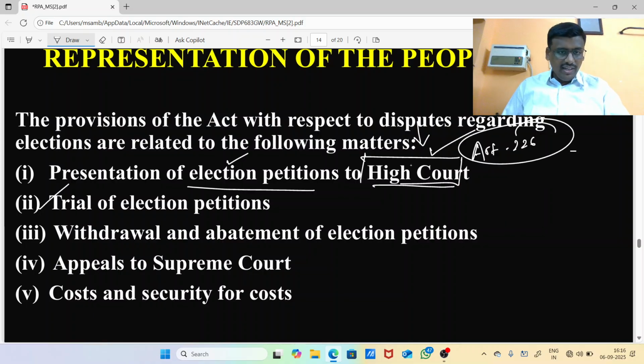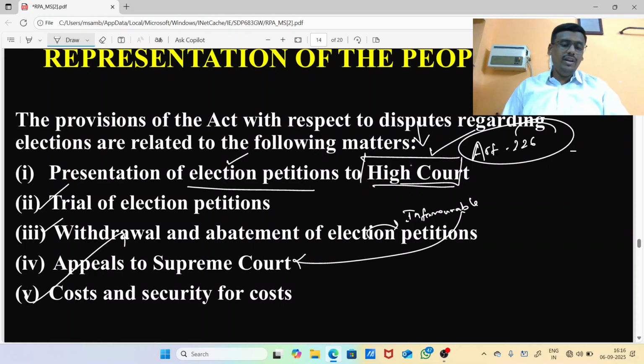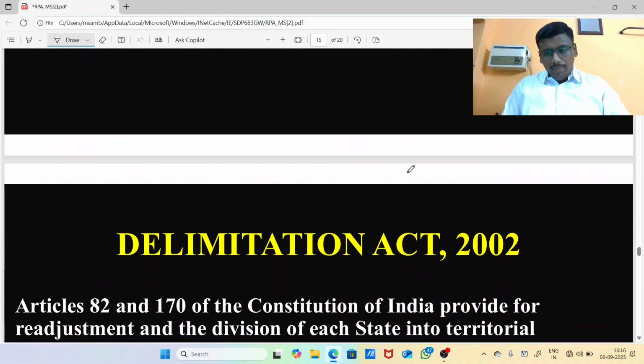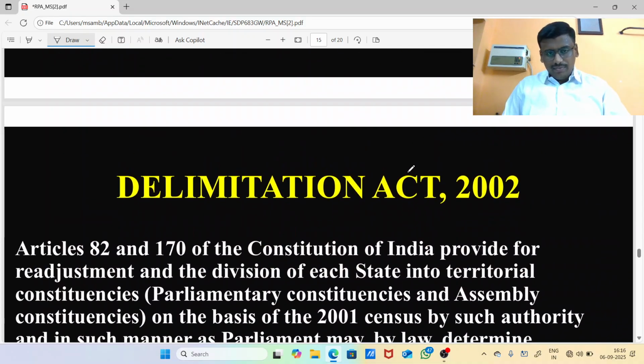And then there goes the trial of election petition. He can withdraw or he can fight the election petition, and if the result is unfavorable, he can appeal to the Supreme Court, and the cost and security for cost should be borne by the person who has applied for the election petition.